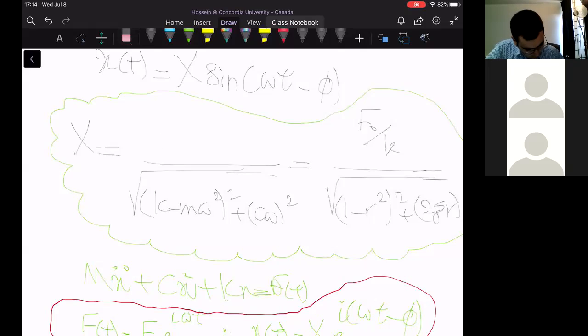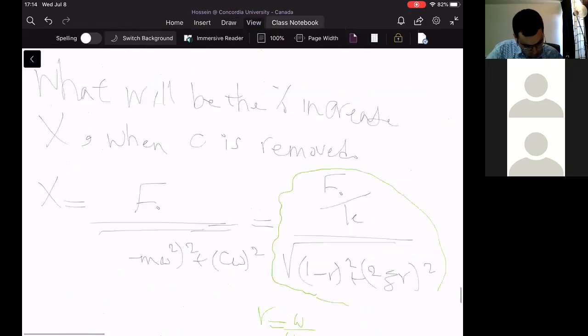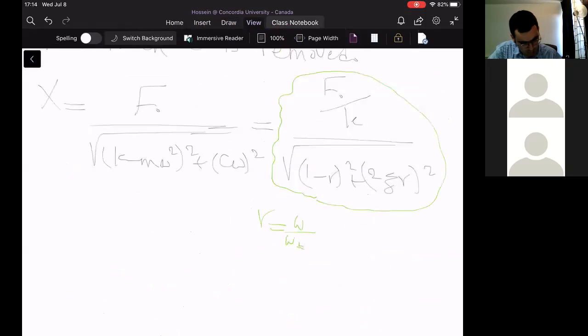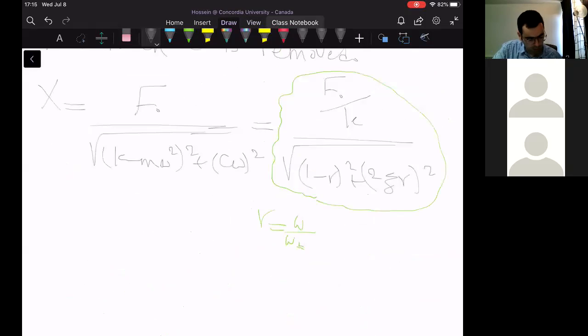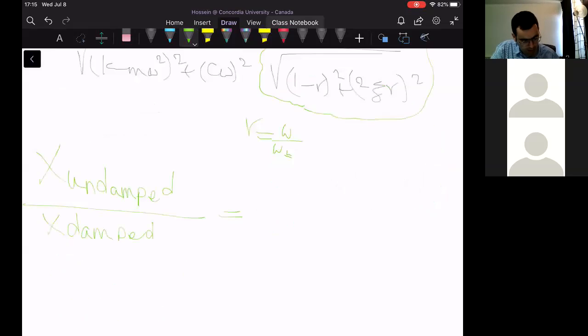All you have to do is write this ratio: the amplitude of vibration in case of the undamped system, without any dashpot, over the amplitude of vibration when we have a damper in our system. If you divide the two formulas, you will reach this equation.